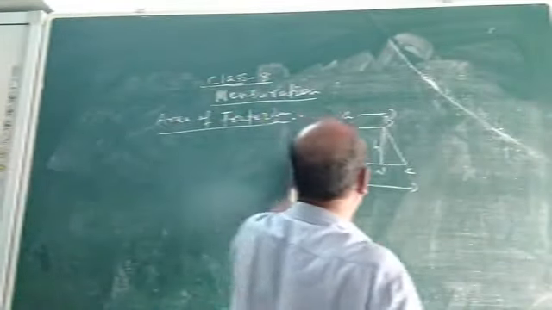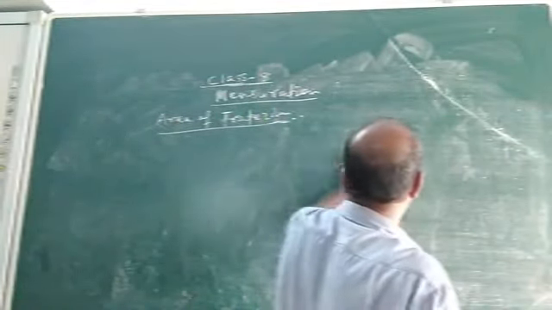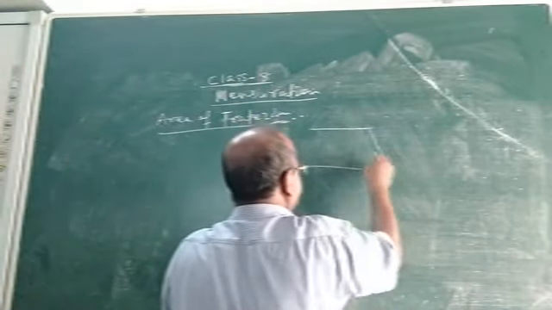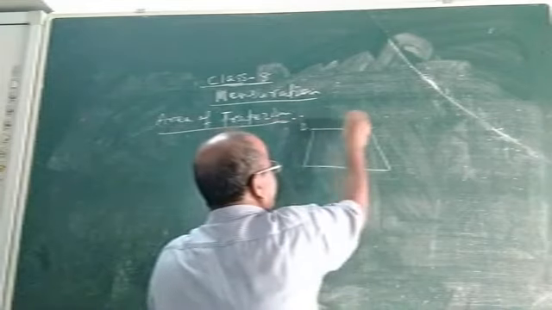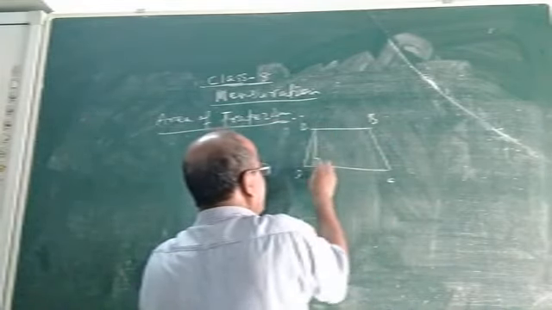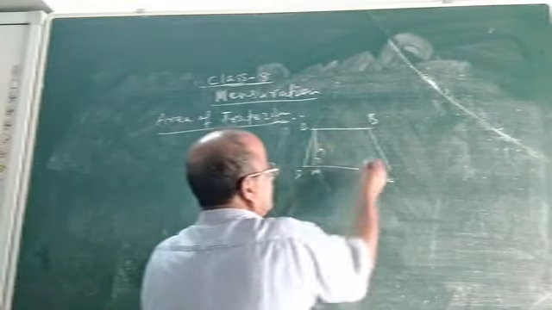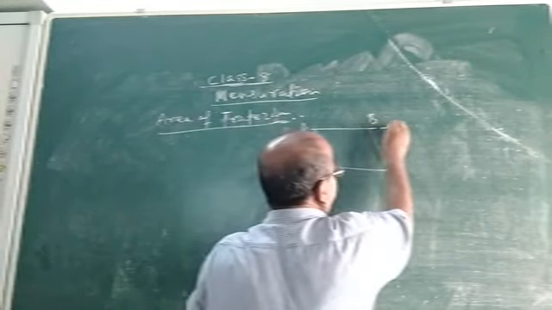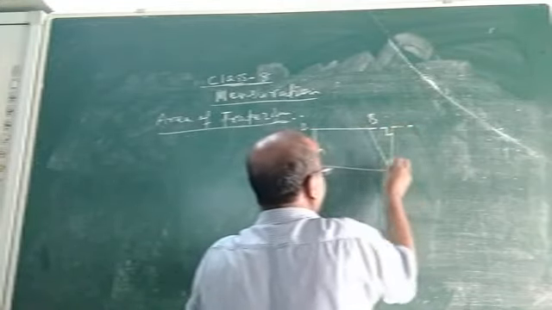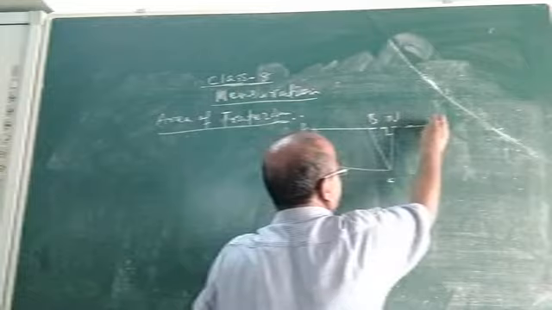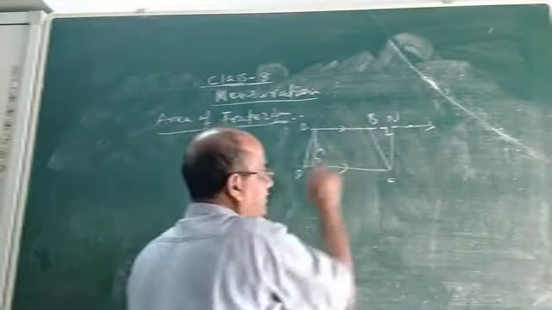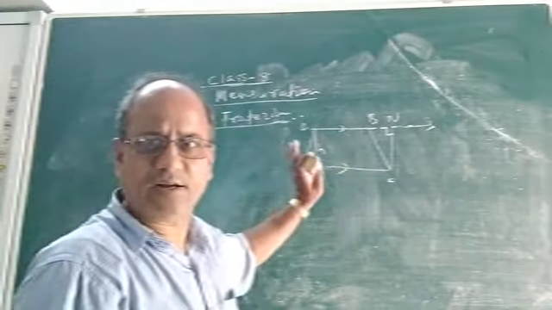I am drawing the figure once again. Suppose this is the given trapezium. Now let this be the perpendicular or altitude. Now just produce it and draw another perpendicular. This is 90 degrees, suppose this is N. AB and DC are parallel, so ABCD is a trapezium.